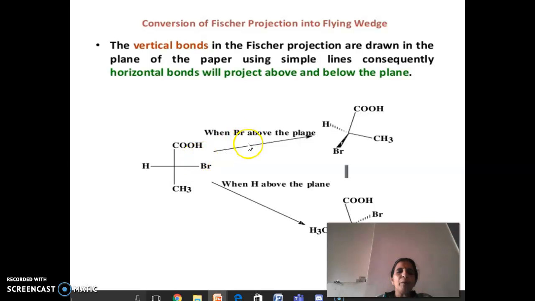Okay, if bromine is above the plane, then it is shown by a dotted wedge. It will be towards the eye. If hydrogen is above the plane, then it is shown by the solid line and it will be towards the viewer. So like this it is shown, and the other two groups which are in the plane are shown by a normal line.